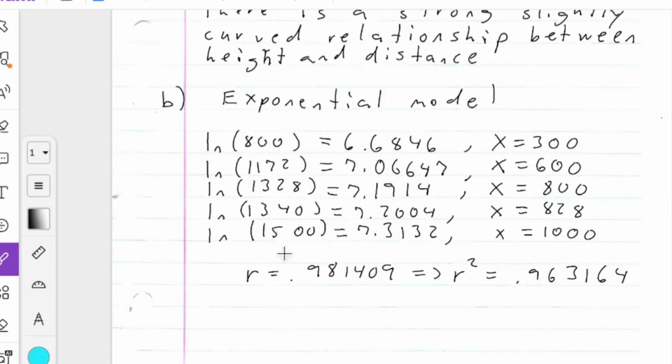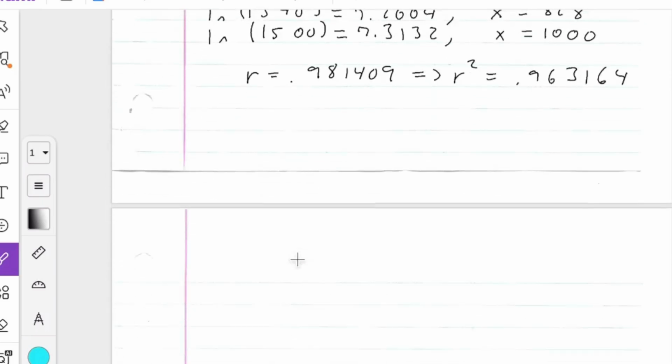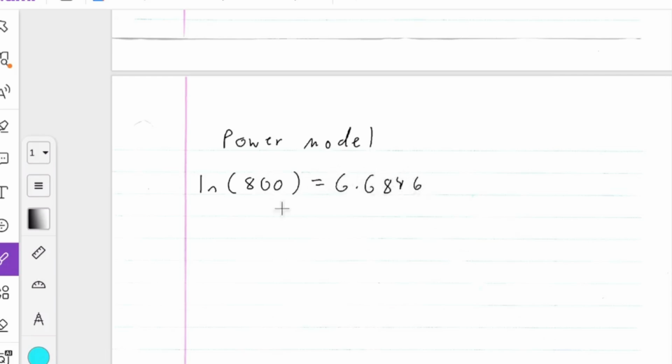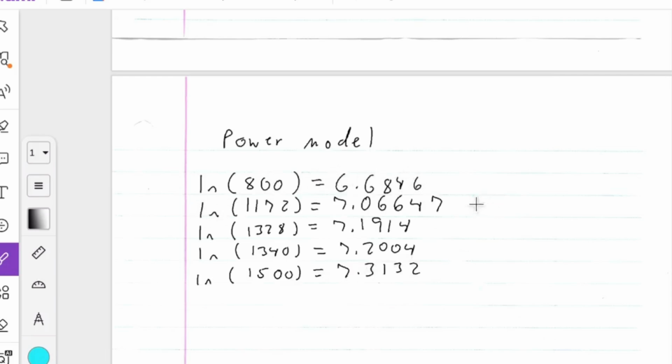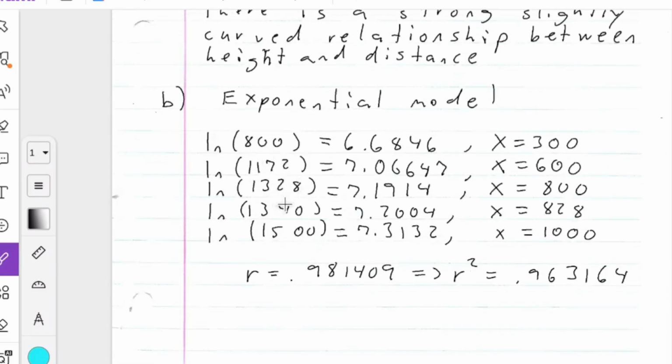All right, so now we're going to look at the power model, okay? So what the power model does, so let's write power model. Okay, so we're going to take the natural log of our y value, which was all these. Okay, so of course these are the values that we had in our exponential, but for the power model, we're also going to do the natural log of our x's.